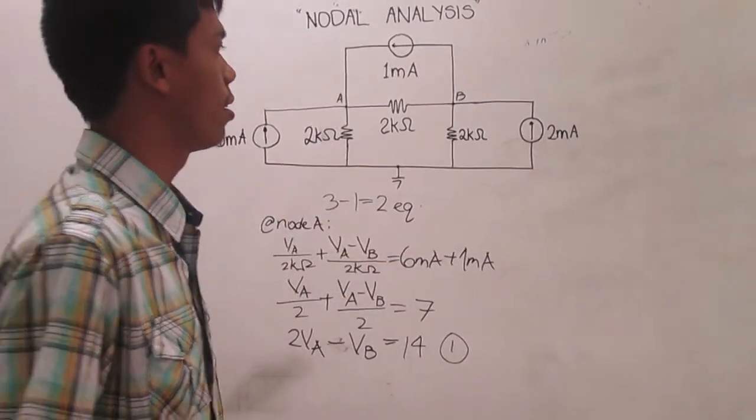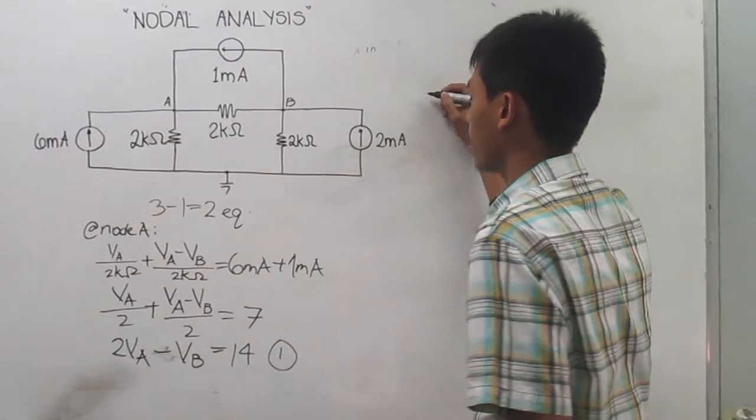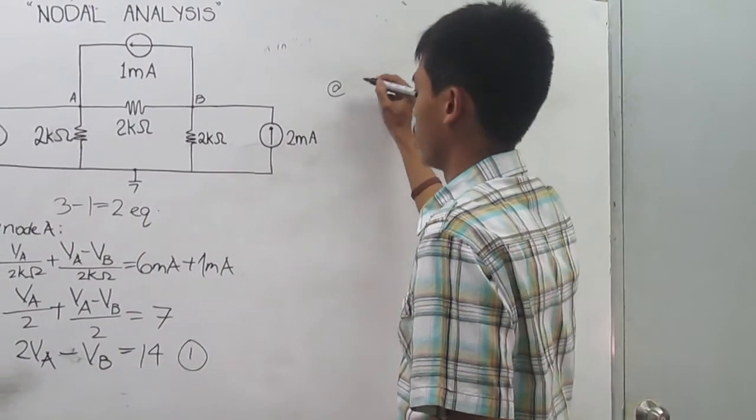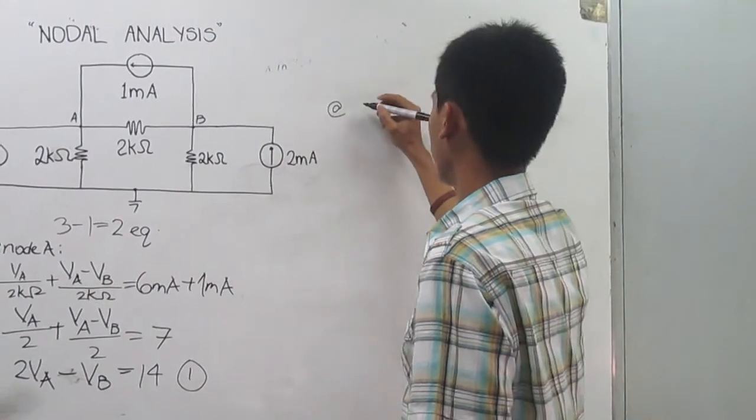Then for node B, we again perform Kirchhoff's current law.